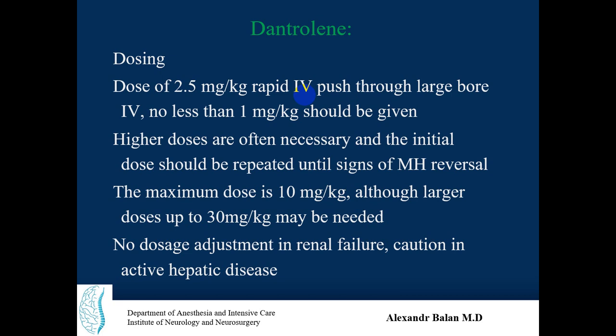Higher doses are often necessary, and the initial dose should be repeated until you see signs of reversal, or at least no manifestations of some signs, early or late, of malignant hyperthermia. The maximum dose should be 10 milligram per kilogram, and large doses up to 30 milligram per kilogram may be needed.